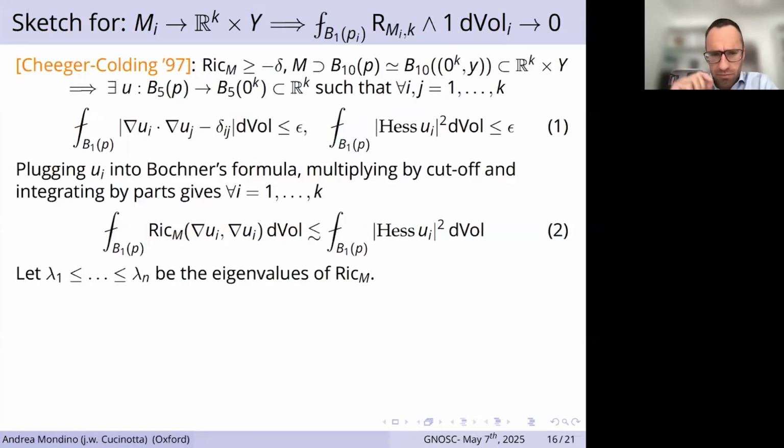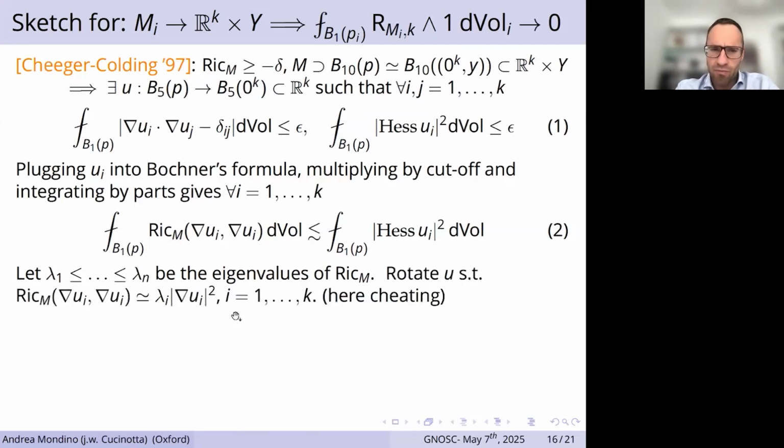Okay, so now let's consider the eigenvalues of the Ricci, lambda_1, ..., lambda_n. The Ricci can be diagonalized by an orthonormal frame. And so, since the gradients of u_i are orthogonal, we can rotate them in a way that the gradient of u_1 is almost the first eigenvector of the Ricci, the gradient of u_2 is almost the second eigenvector of the Ricci, and so on.